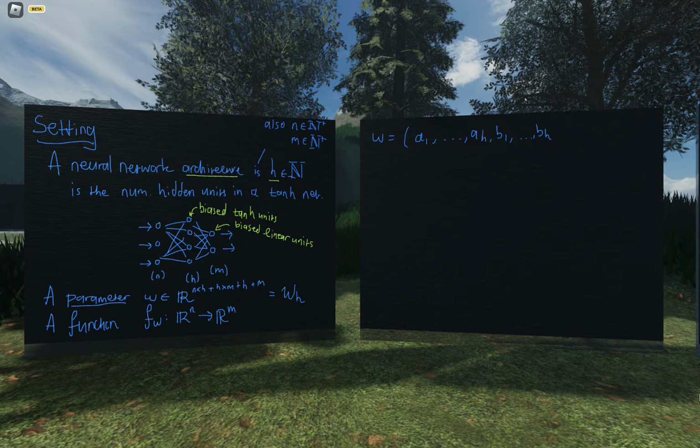I better make sure that's an H and not mistaken for an N. These components have certain meanings. Maybe the quickest way to say what they are is to say that the function implemented is this.